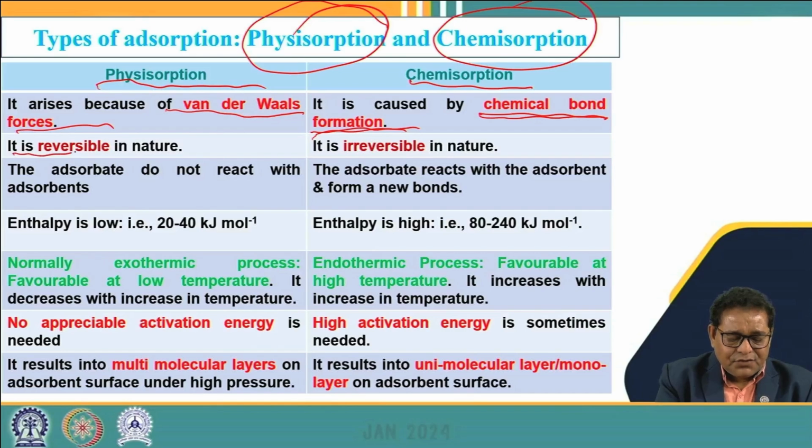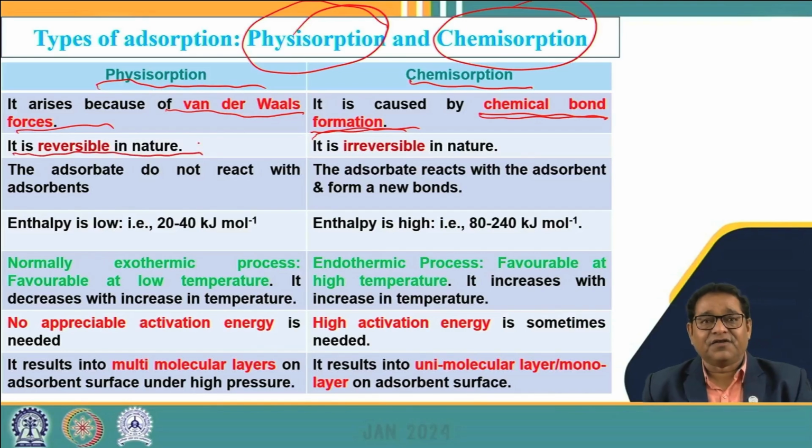Physisorption is basically a reversible process because it does not have a strong chemical bond. The pollutants can be detached easily from the surface of the adsorbent, whereas in chemisorption, because new chemical bonds are formed, the pollutants cannot be removed easily from the surface of the adsorbent.